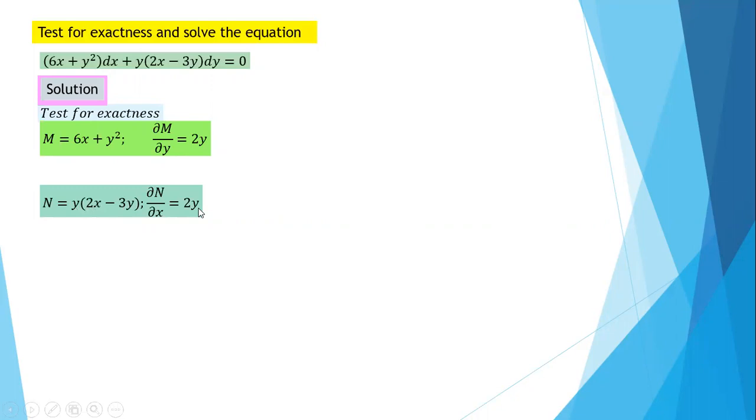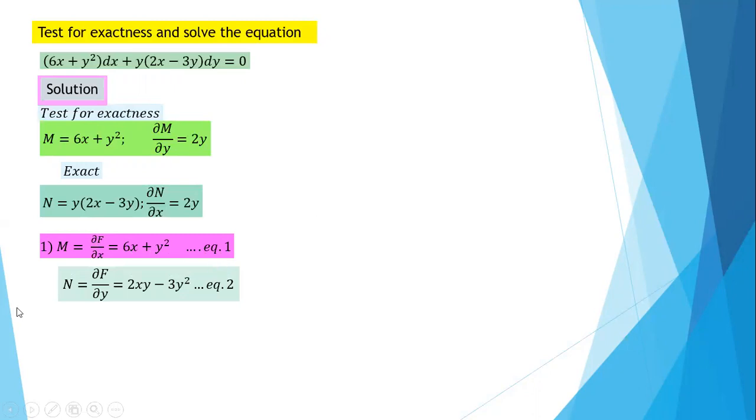Therefore, the partial derivative of M with respect to y is equal to the partial derivative of N with respect to x. Therefore, our equation is exact. For our solution, we let M equal the partial derivative of f with respect to x, which is 6x + y², and denote this as equation 1.